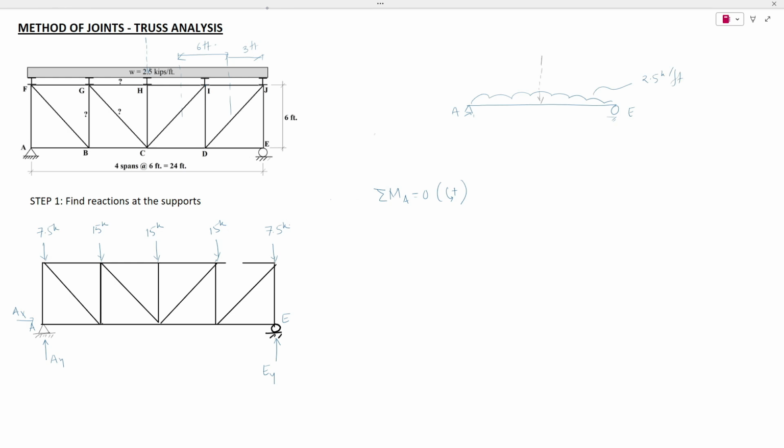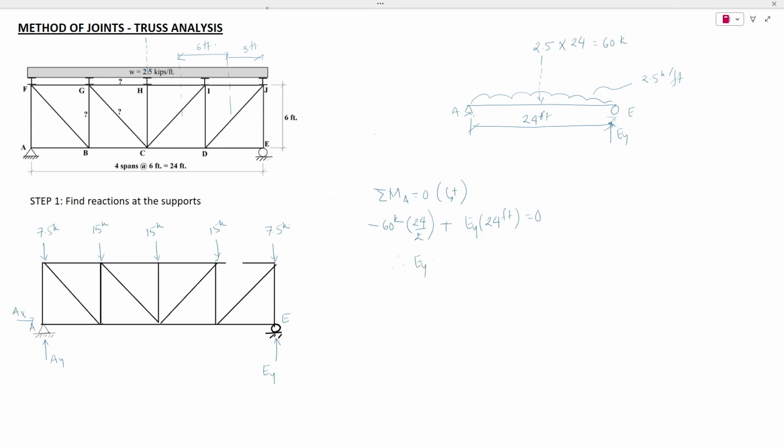The equivalent point load would be 2.5 times the overall span, which is 24 feet, so 2.5 times 24 equals 60 kips. At point A, this 60 kip load gives a clockwise moment, so negative 60 times the moment arm, which is half of 24, and the vertical reaction at E provides a counterclockwise moment, so EY times the moment arm of 24 feet, equals 0.